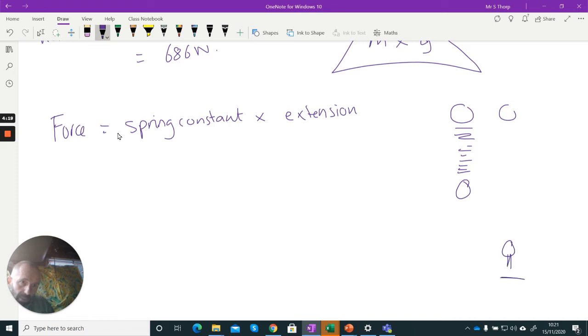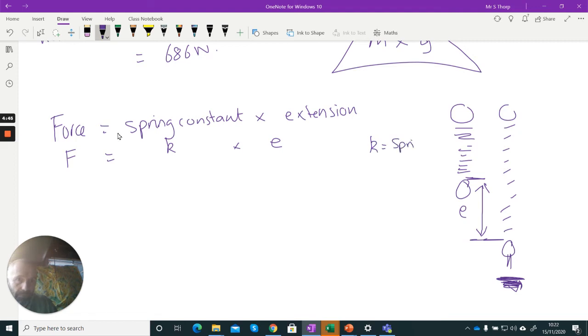So hang a mass on it, or put a force on it, and it stretches. And so it stretches by that amount. So that is the extension E. And the K, this thing here, so F is equal to KE. The K is the stiffness of the spring. So K is equal to the spring stiffness.